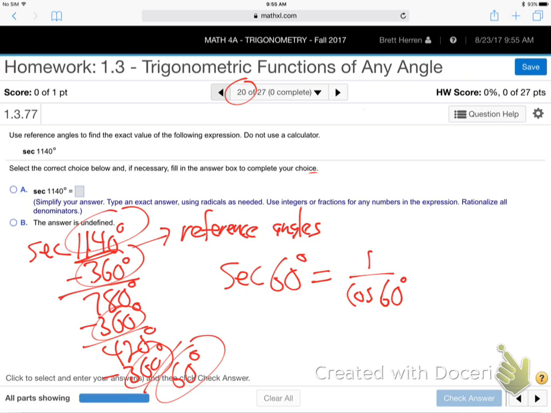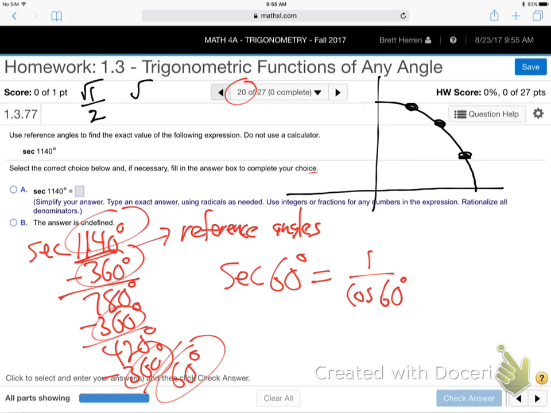We have the 3 numbers: root 1 over 2, root 2 over 2, and root 3 over 2. Small, medium, large, like ordering a soda or something.